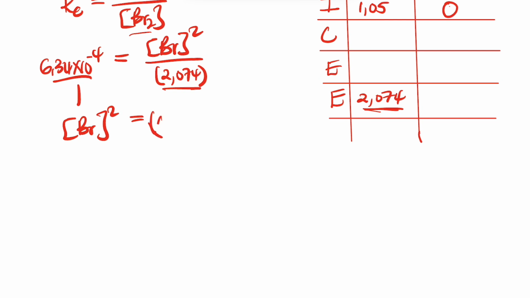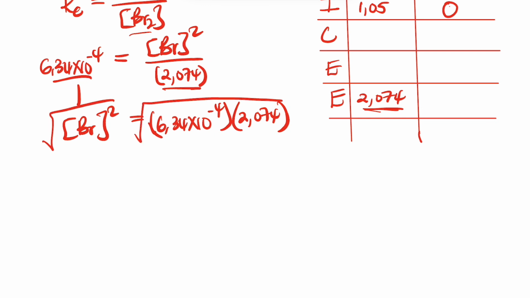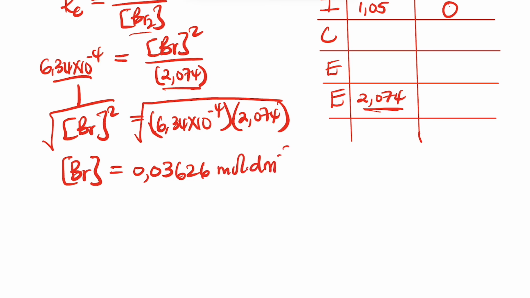So it's going to be 6.34 times 10 to the power negative 4 times 2.074, and then we put the square root. So the concentration of Br is 0.03626 mole per dm3.